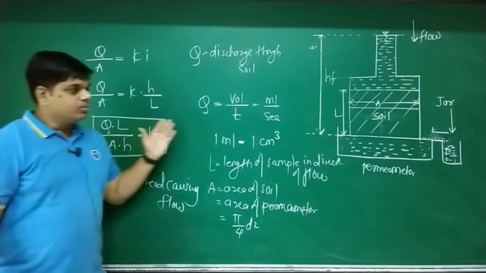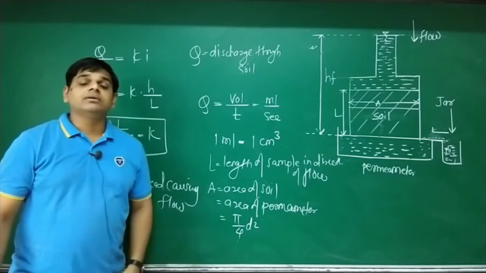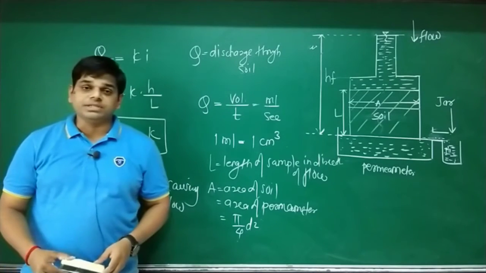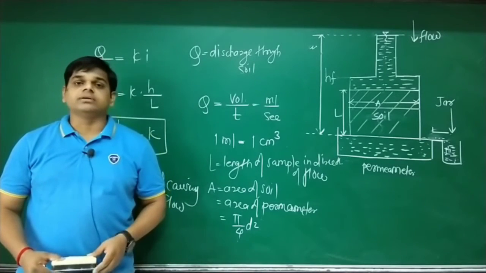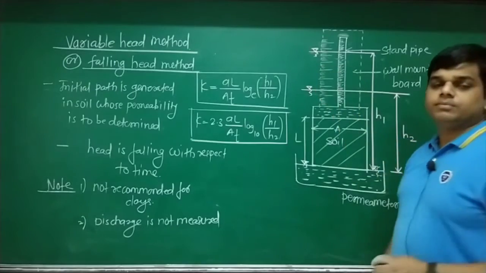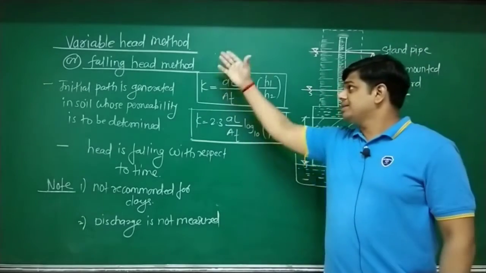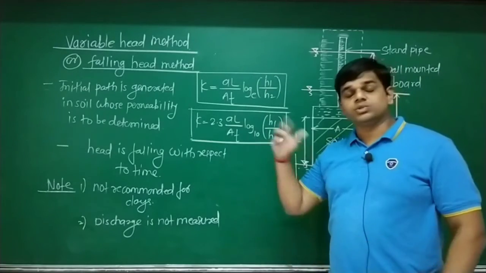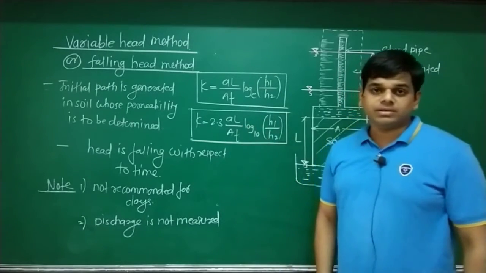Now let's move to the second method of measurement of permeability, that is the variable head method, which is also known as the falling head method.